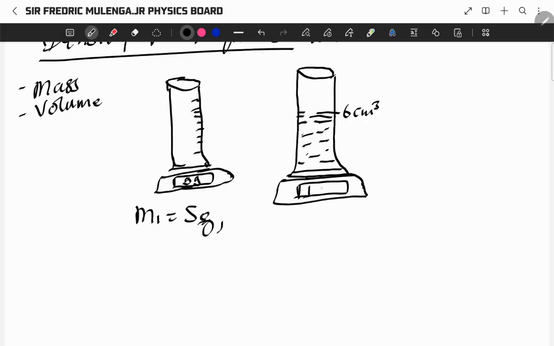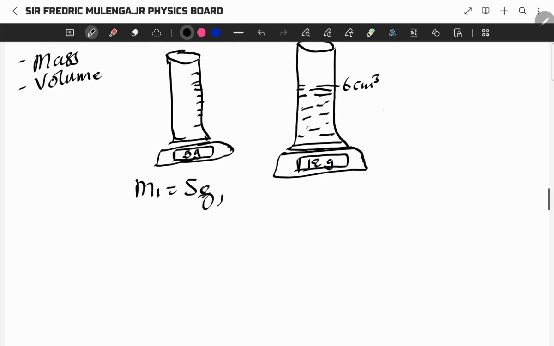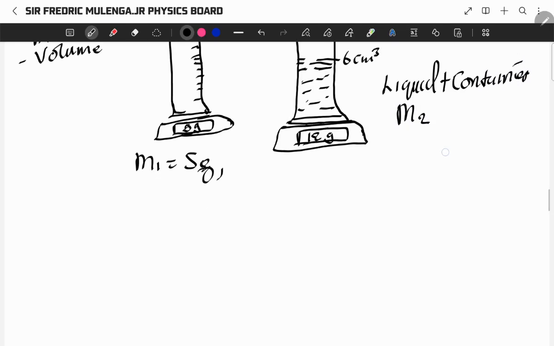So let's say it goes to 12 grams. So the liquid plus the container that you are using, the measuring cylinder, this will be recorded as mass 2. So in this case, mass 2 is just 12 grams.